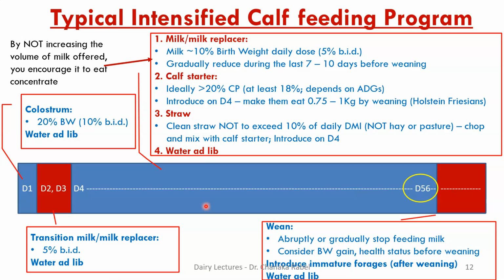The goal of feeding straw is to provide substrate for microbial attachment, to provide substrate for rumen expansion, to maintain the rumen pH, and to stimulate salivation.